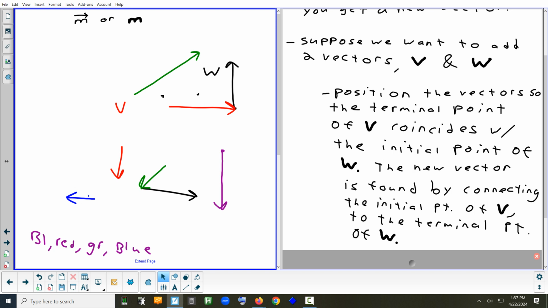Let's put black there. Let's put red. And then let's do blue. Order shouldn't make a difference. I should still be able to connect where I started to where I stopped, and I should get exactly the same answer. Yep.